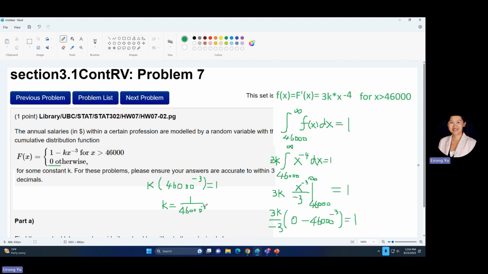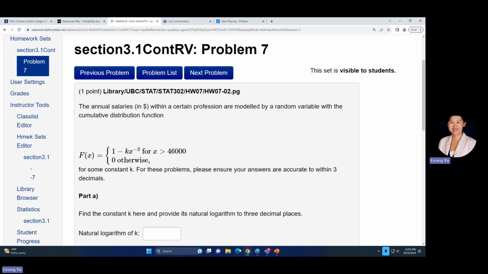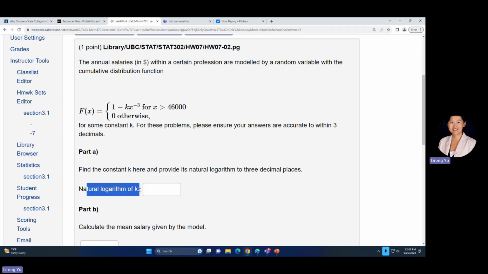A negative power in the denominator becomes a positive power, so k equals 46,000 to the power of positive 3. That's k. The question itself wanted the natural log of k, because k is really large.